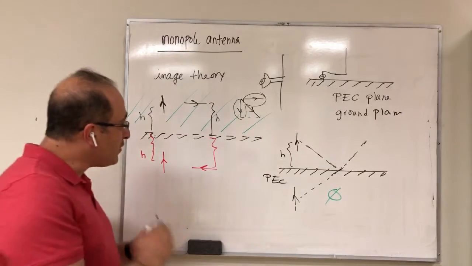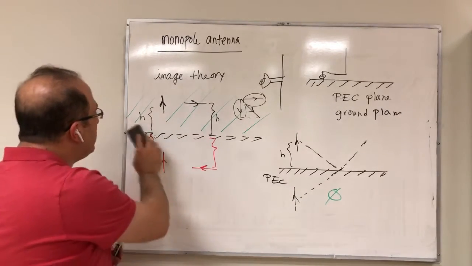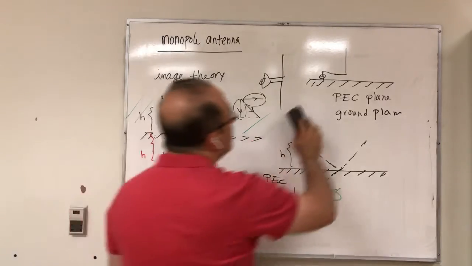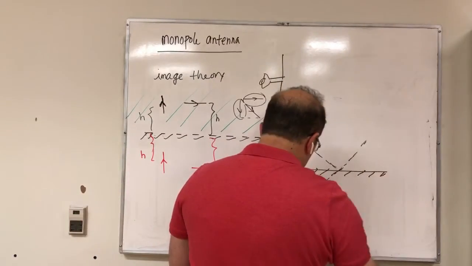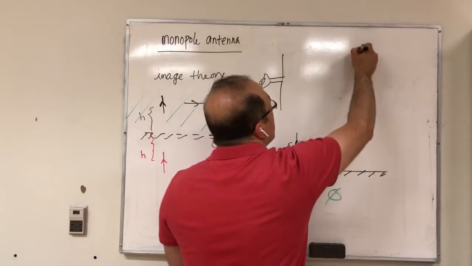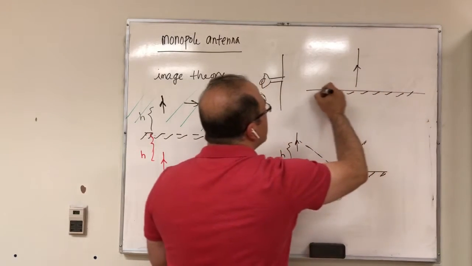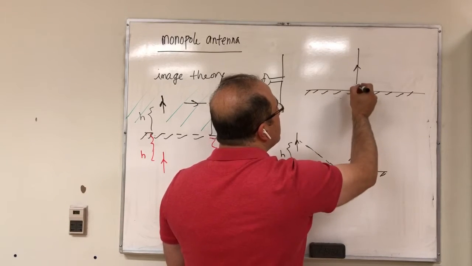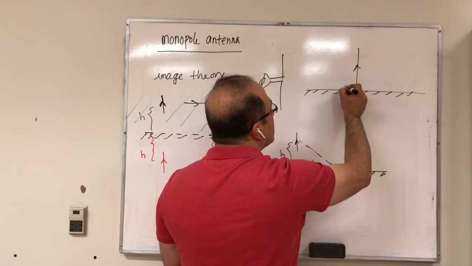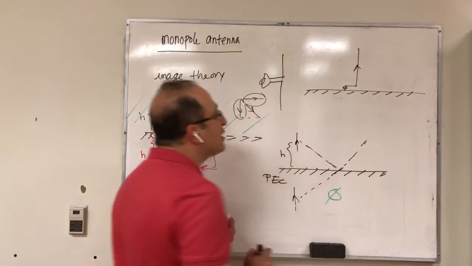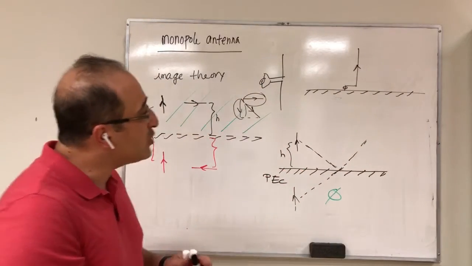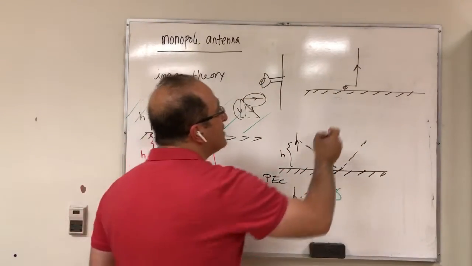So based on this, what we have in a monopole antenna, so if this is your monopole antenna, it would be something like this. You have a current like that close to the PEC, and you have perhaps a source here that excites this with respect to the PEC. So you can essentially assume that there is no PEC.